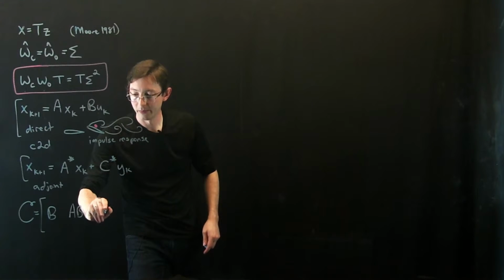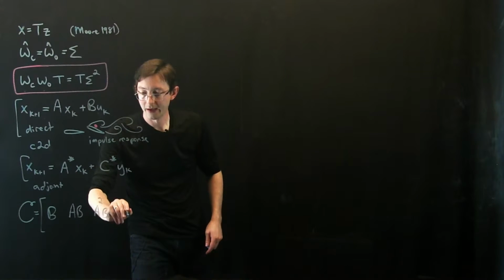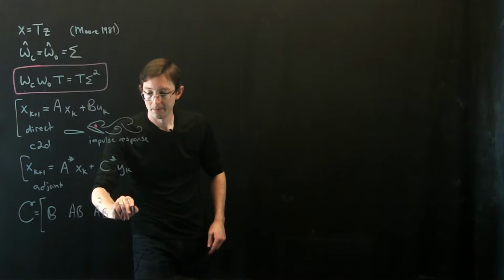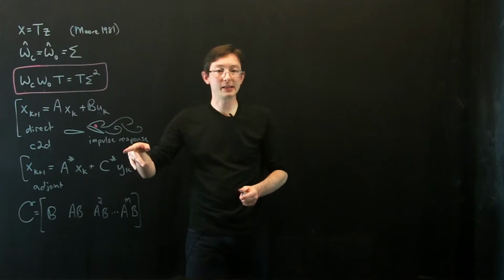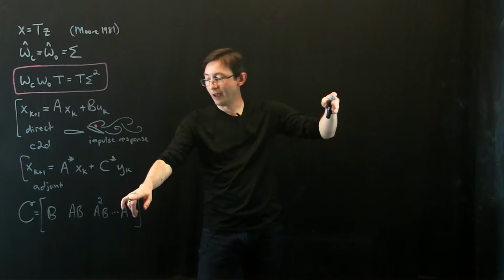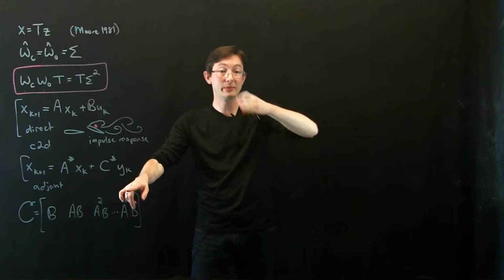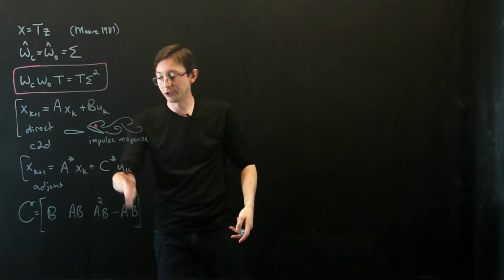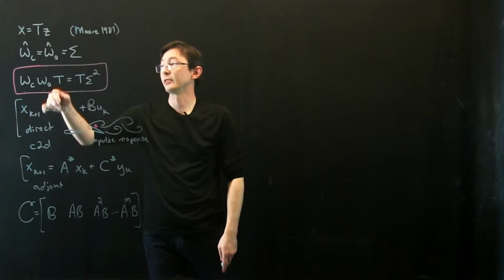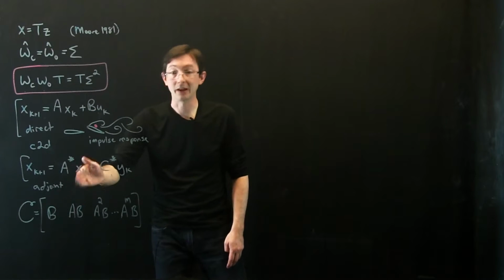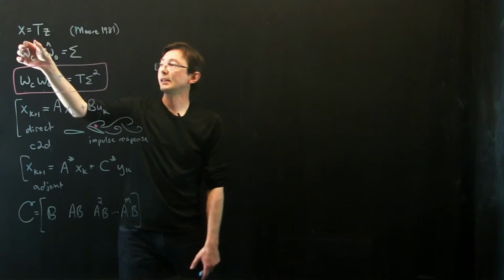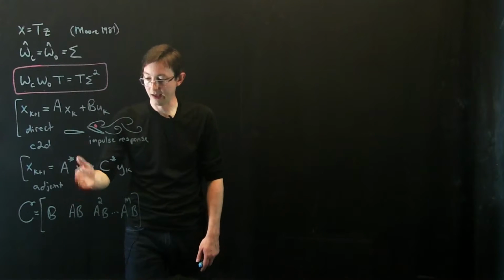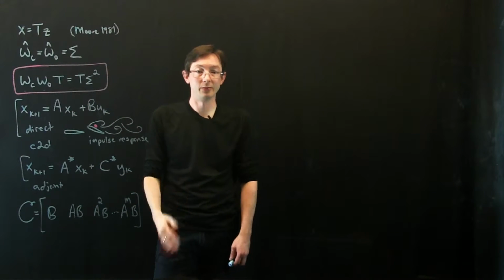Then A squared B, dot, dot, dot, and then A to some power M, B. I'm basically going to kick my system, and I'm going to watch M plus 1 frames of this movie evolving. And each of those I'm going to stack into a tall column vector of dimension n in this big matrix. Every column is a state of my system as time increases after my impulse response.